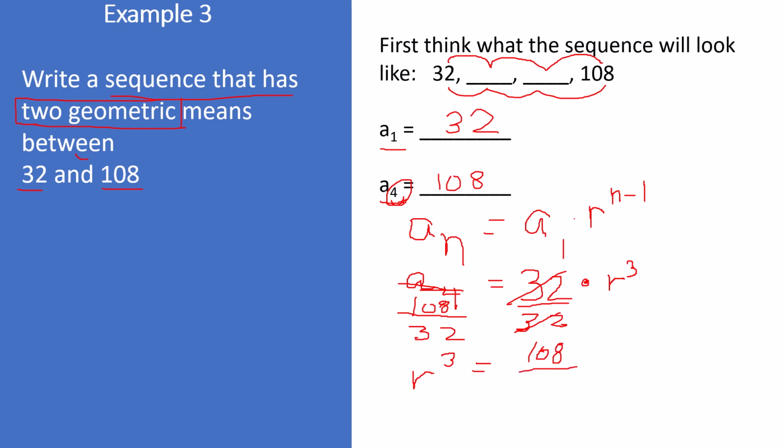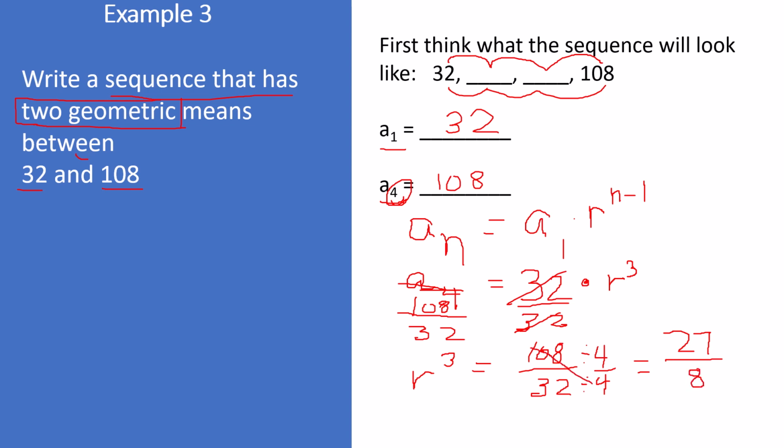Now before we go any further, let's reduce this, leave it improper. I can divide by 2, and I can divide by 2 again, or in other words, divide both of those terms by a common factor of 4. So 108 divided by 4 is 27, and 32 divided by 4 is 8.